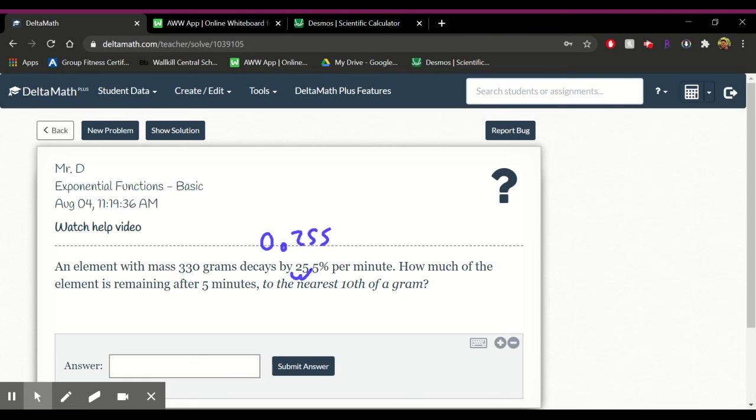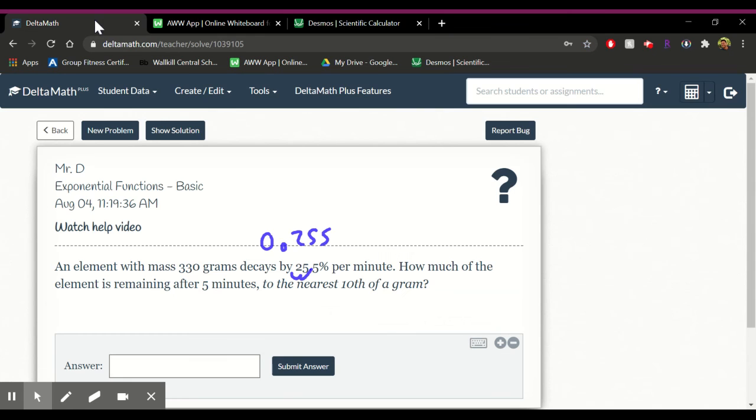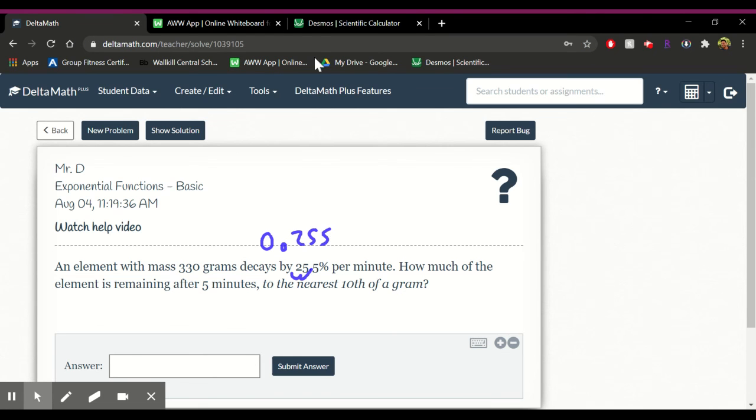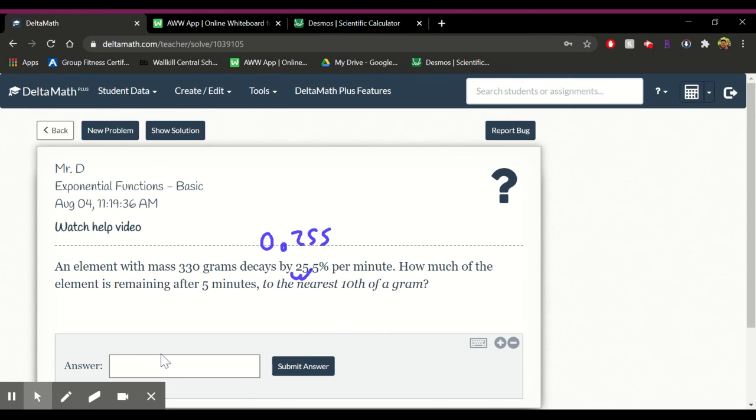So it's decaying, minus 0.255. For how many years? 5 minutes. So the time doesn't have to be years. It can be any time interval, 5 minutes. Bam. You get this one, and it says rounded to the nearest 10th. So this is the 10th spot right here. After it is a 3, so it keeps it, doesn't round up. So it's 75.7 grams.